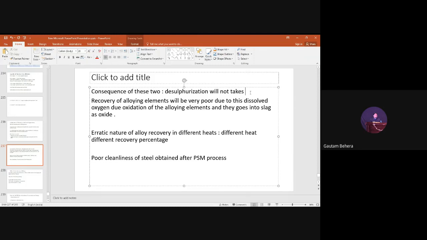Basically, you understand, if your slag contains more weight percentage of FeO, FeO is an oxidizing material, right? Because it supplies oxygen, right? So if the weight percentage of FeO in the slag is more, it is an oxidizing slag. That's why it is said the slag has high oxidation potential, or a high oxidizing power.